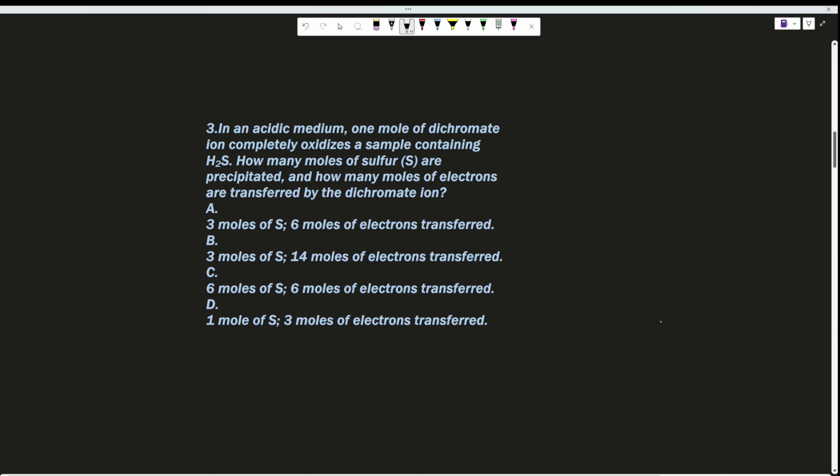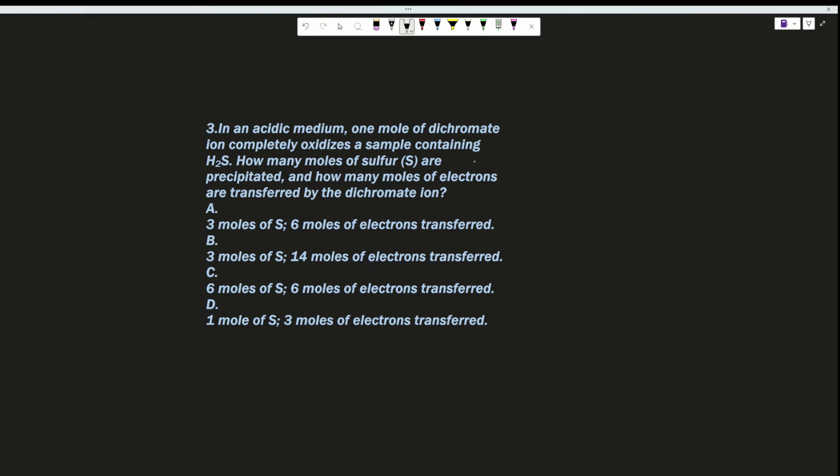In an acidic medium, 1 mole of dichromate ion completely oxidizes a sample containing H2S. How many moles of sulfur are precipitated and how many moles of electrons are transferred by the dichromate ion? This is an interesting question and it is related to redox reactions as well.